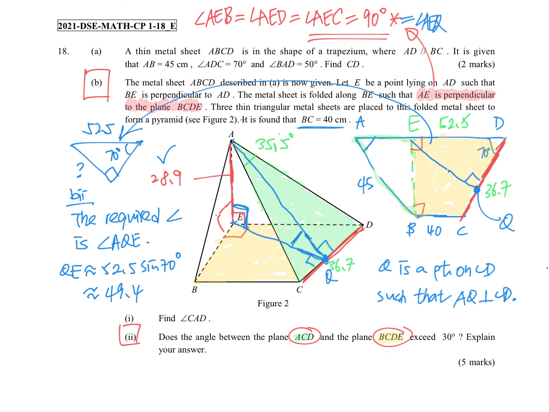Okay, and after that, this is 49.4 and this is 28.9. Good. And then we want to find this angle. Of course we just try to make use of the tangent.